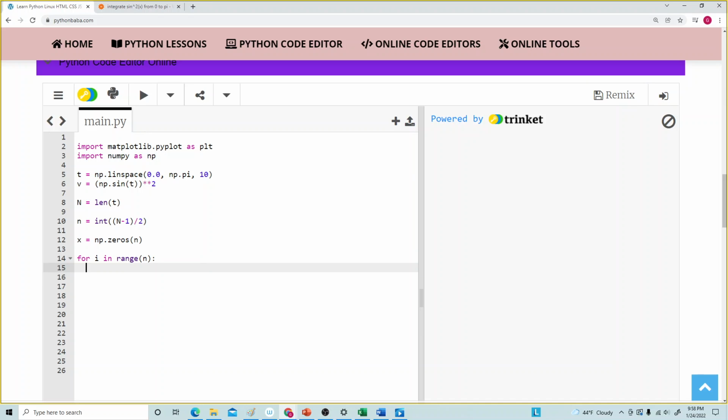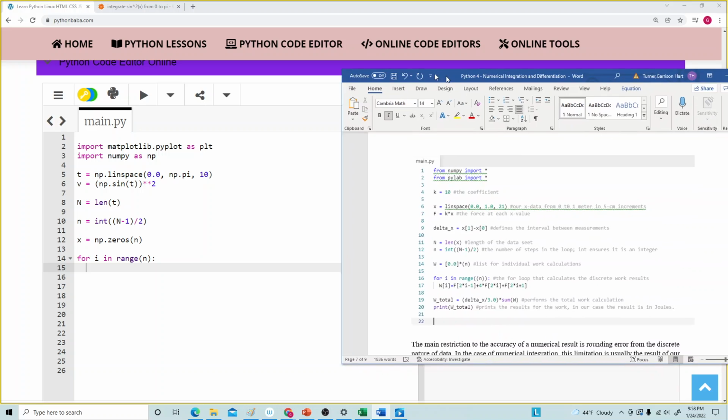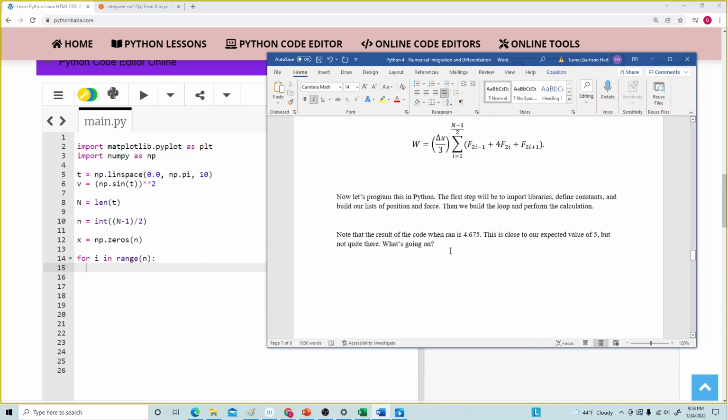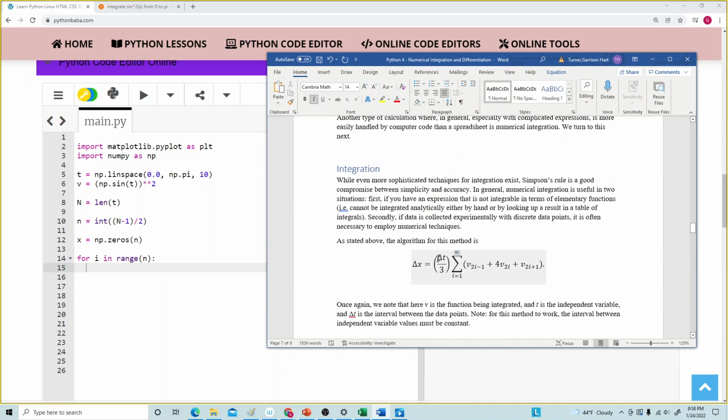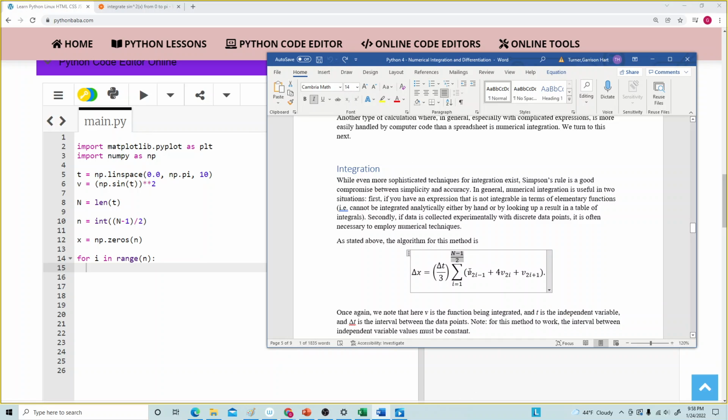And so, once again, this is going to be the velocity at the 2 times i minus 1 index, plus 4 times the 2i index of velocity, plus the 2i plus 1 index of velocity.